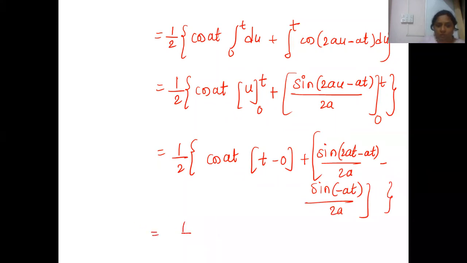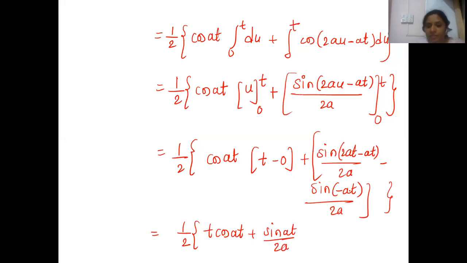Okay, that is 1/2 t cos AT plus this is sine(2AT minus AT), sine AT by 2a, and sine of minus theta. What is sine of minus theta? Minus sine theta. So outside is minus, minus minus becomes plus sine AT upon 2a.